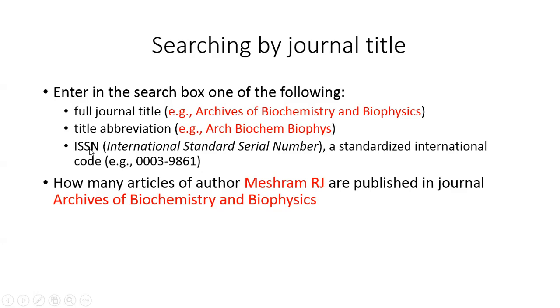In this way, you can search by journal title and combine it with author name, so that you can figure out how many articles by a particular author are published in the journal Archives of Biochemistry and Biophysics. So you can twist and tweak your search terms as per your requirement.